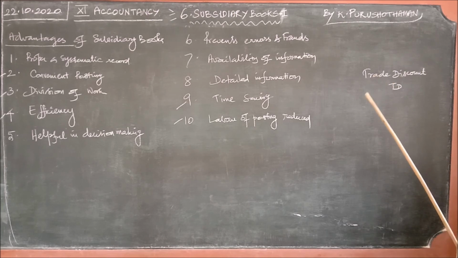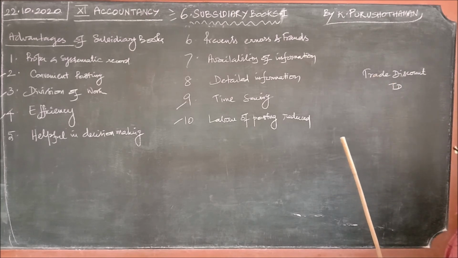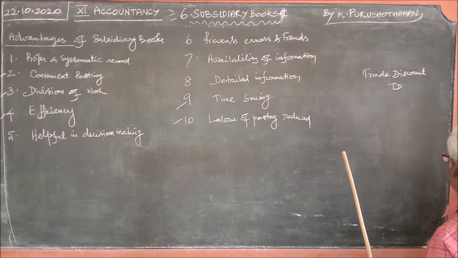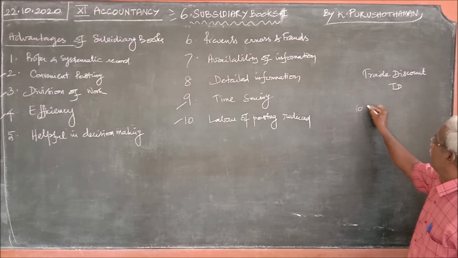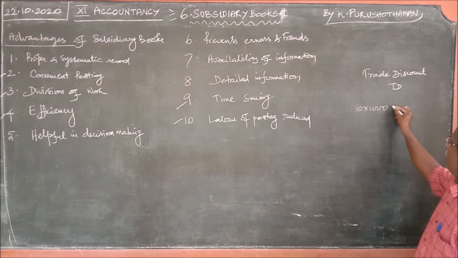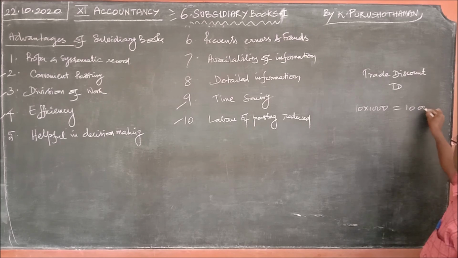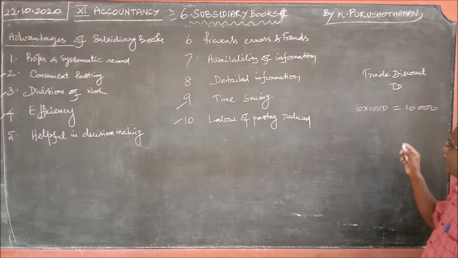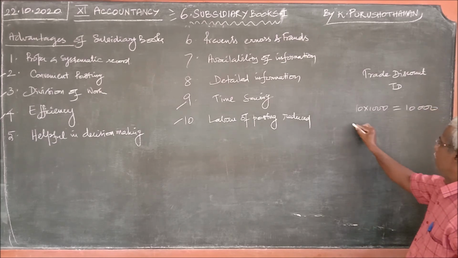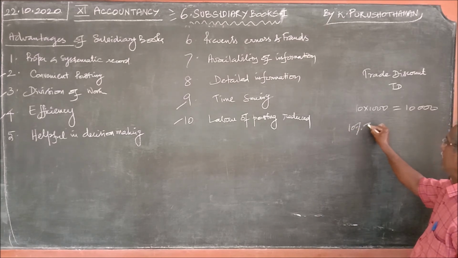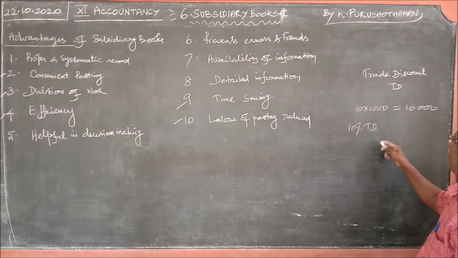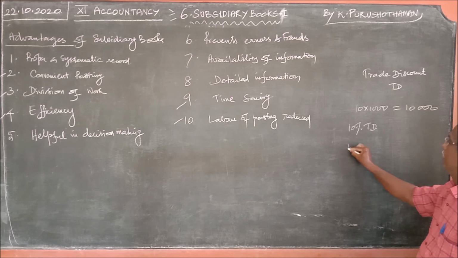Say for example, 10 goods of each rupees 1,000, 10 into 1,000, 10,000 rupees he has to pay. To encourage the customer, some 10% discount, that is the trade discount, TD, is given. What is the 10% of 10,000?